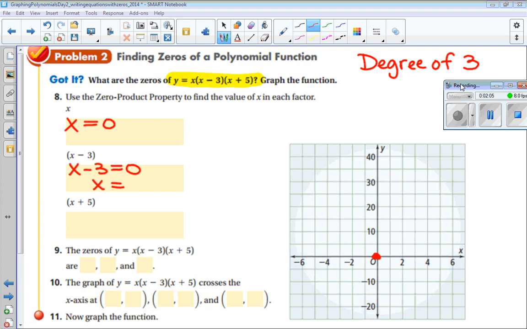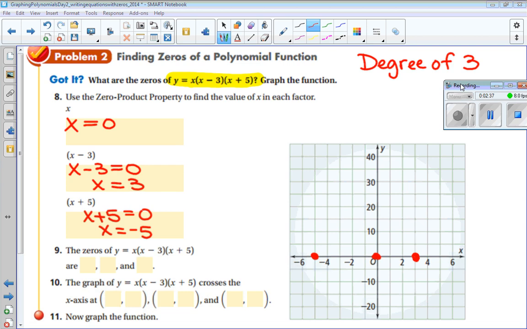Try again. x equals positive 3, which means that positive 3 also happens to be a solution or an x-intercept of the graph. When I take x plus 5 and set it equal to 0, what does that tell me? That negative 5 is a solution to the graph. So those are the roots, or the zeros, the x-intercepts.